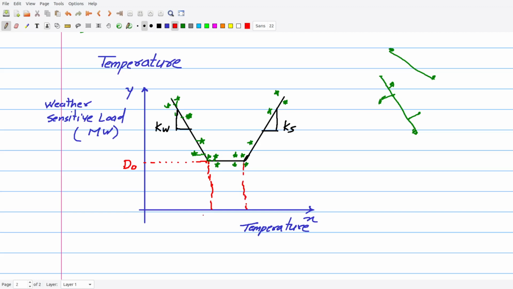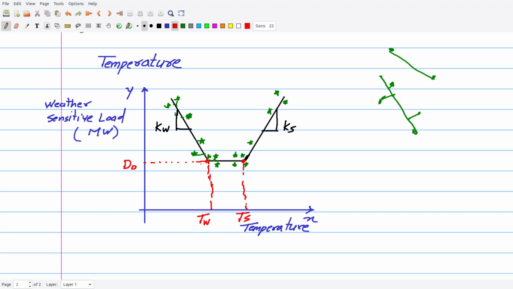You have to assume it is a straight line, TW and TS. See, this TW and TS are the lowest points on your graph. Lowest points means what? Lowest weather sensitive load. TW and TS represent temperature and D0 represents weather sensitive load. So minimum weather sensitive load is D0.